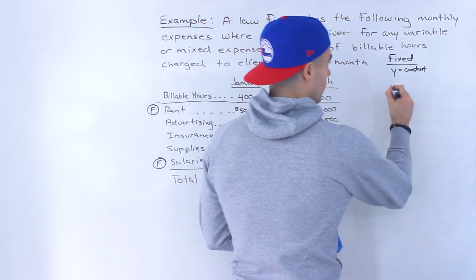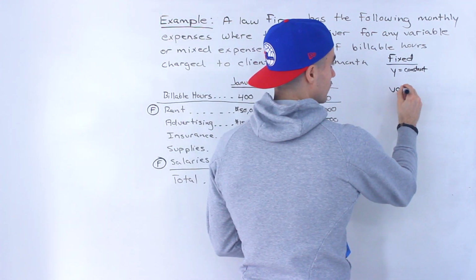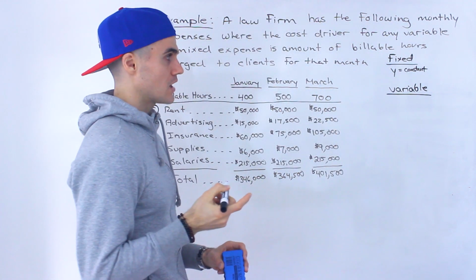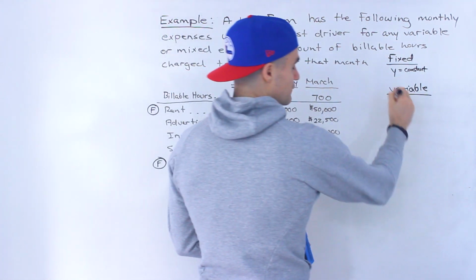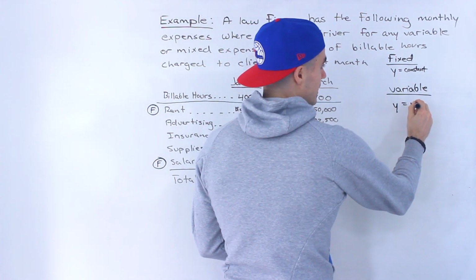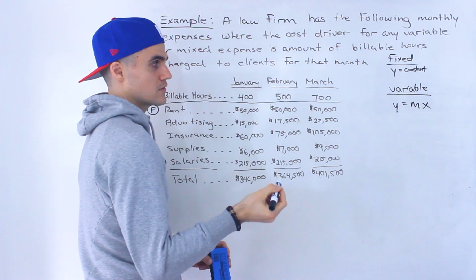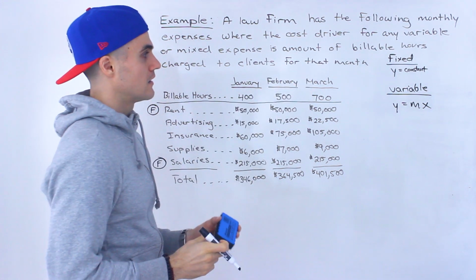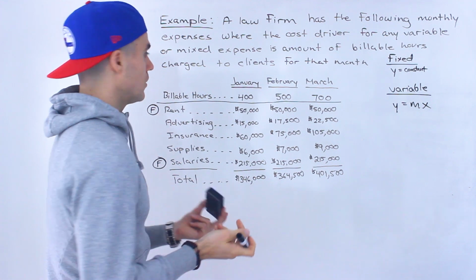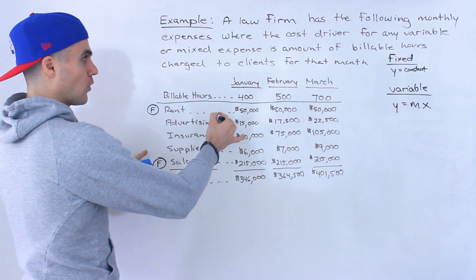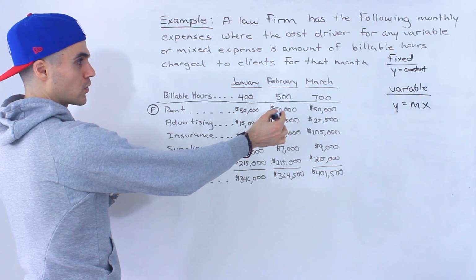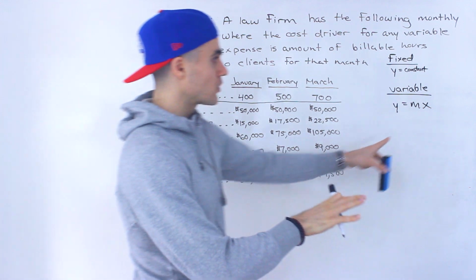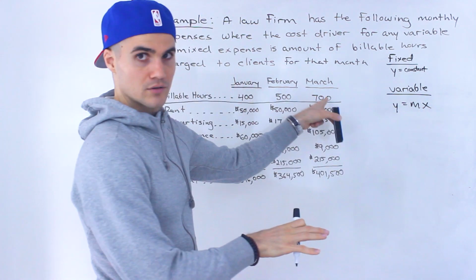The easiest way after you get the fixed costs is to figure out which ones are variable costs. Why? Because variable costs are always going to be in the format y equals mx. There's not going to be a plus b, that fixed portion. That's going to be a mixed cost. For each month, we're given the total cost of each component and the cost driver.